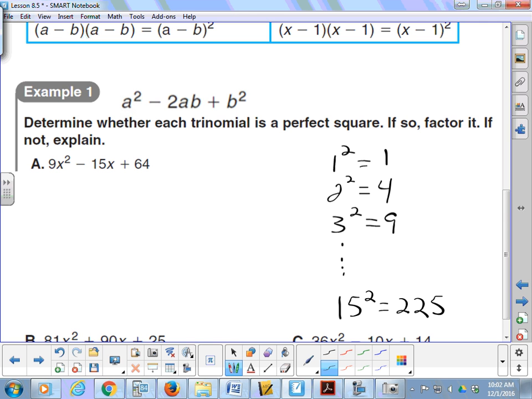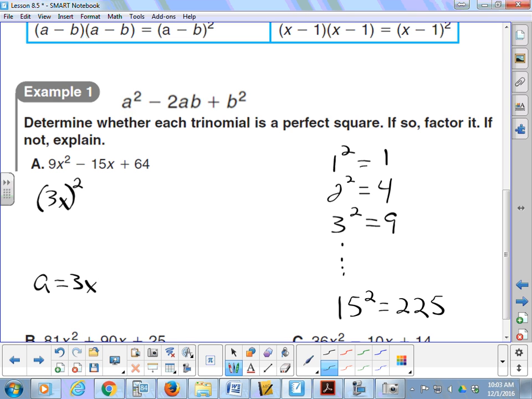Is 9x squared a perfect square? What is squared there? 3 and x. So I'm going to write this as 3x. That's what's squared here, which means that a is equal to 3x.